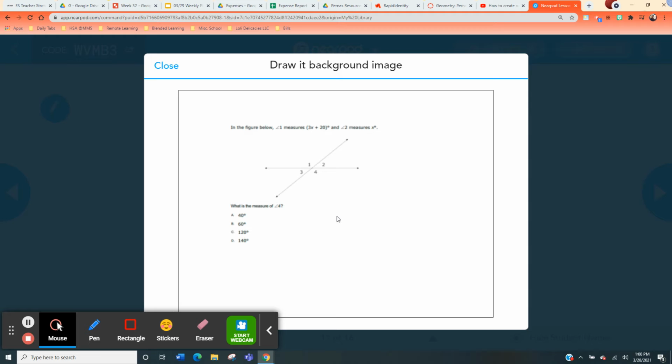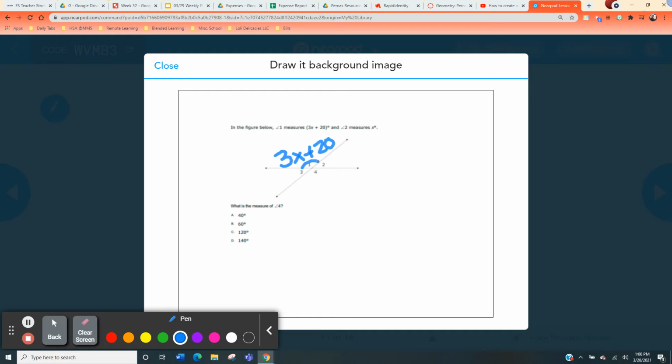I know that angle 1 is 3x plus 20. Because angle 1 and 4 are vertical, that means 4 is also 3x plus 20. Angle 2 is x, which means angle 3 is x.